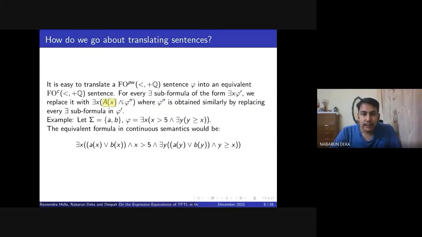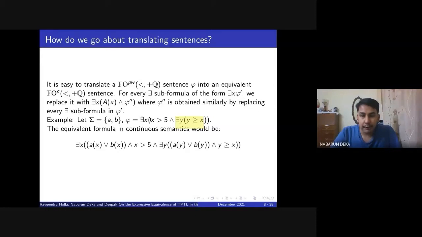Once we do this, it is easy to see that this sentence in the continuous semantics behaves the same way as this would in the pointwise semantics. As an example, consider this phi, which says there is an x greater than 5, and there is a y greater than or equal to x. Now we are interpreting this in the pointwise semantics.